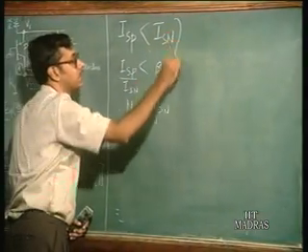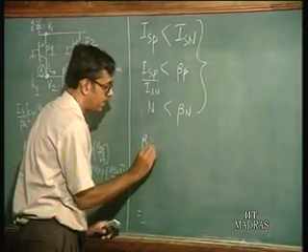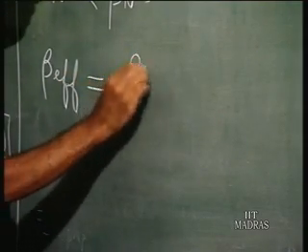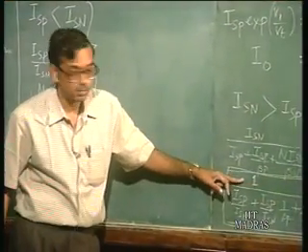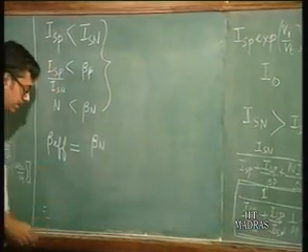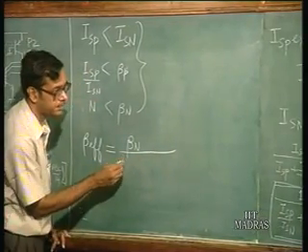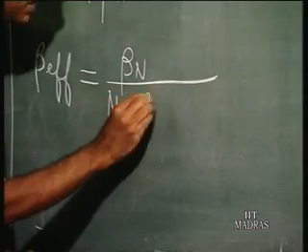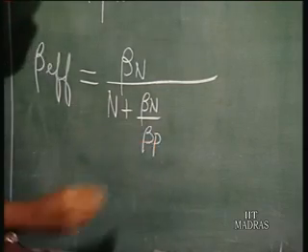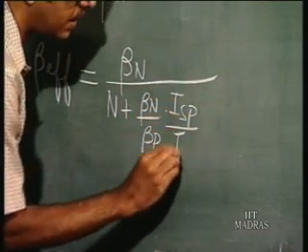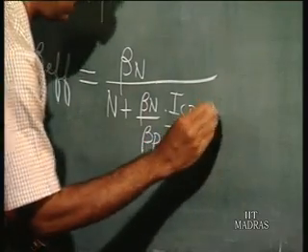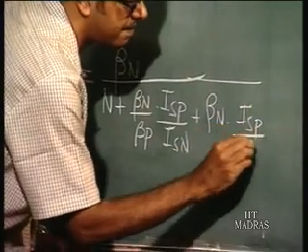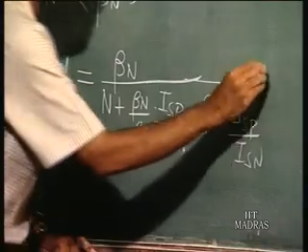Another term which is very often used, if you again go back to this, is called the beta effective. Another way of writing that expression is: if you multiply both the numerator and denominator by beta n, you have beta n by n plus beta n by beta p ISP by ISN plus, and this must be greater than 1 also.